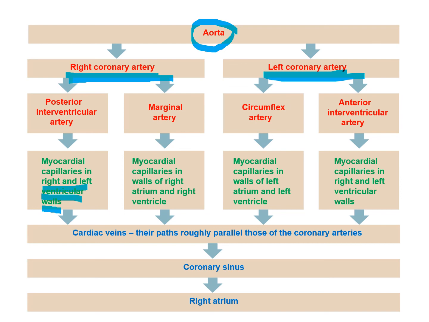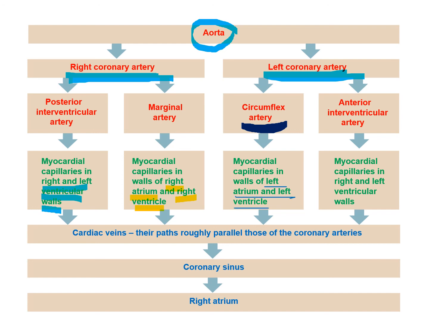The other branch off the right coronary artery is called the marginal artery, and it's going to be delivering blood to the right atrium and right ventricle. And then branching off the left coronary artery is an artery called the circumflex artery, which, as you follow the flowchart, is going to deliver oxygen-rich blood to the left atrium and left ventricle.